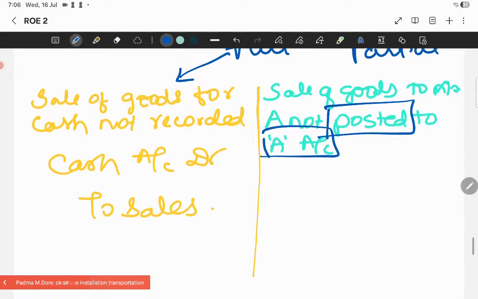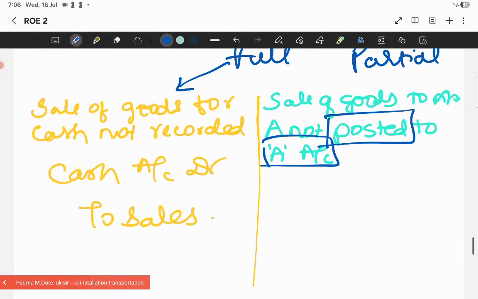First, we need to understand how this will be recorded. As it is the credit sale of goods, it will be recorded in the sales book first. You all need to understand this point very well. Where will it be recorded? It will be recorded in the sales book first.